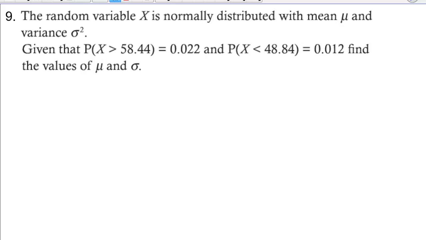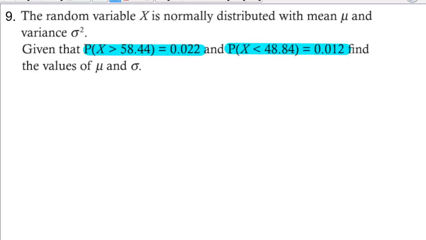Number 9. The random variable x is normally distributed with the mean and standard deviation both unknown. Given that the probability that x is greater than 58.44 is that, and that. So we have these two conditions. Find the values of these parameters.